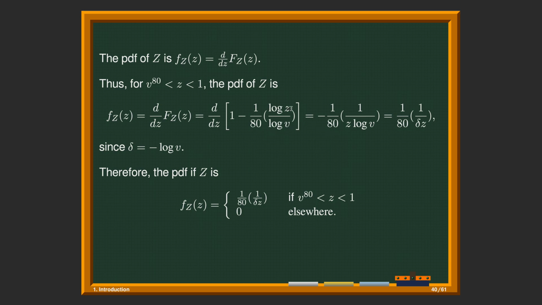The derivative of log of Z is 1 over Z. 1 over 80 log of V is a constant. So we end up with this expression, right? So the PDF of Z is 1 over 80 times 1 all over log of Z, where Z is between V to the 80 and 1. And of course, 0 elsewhere.